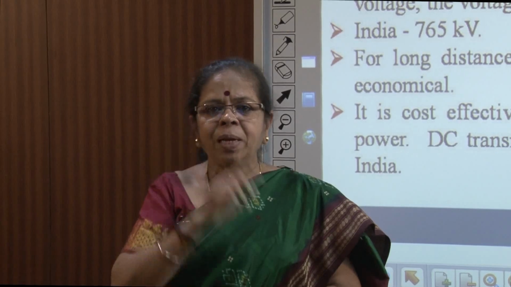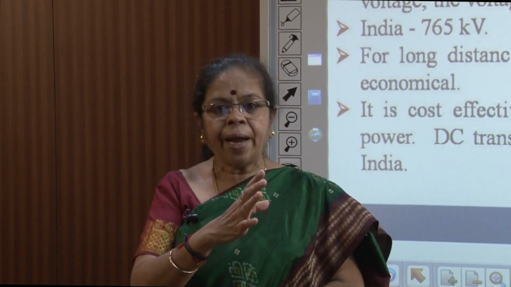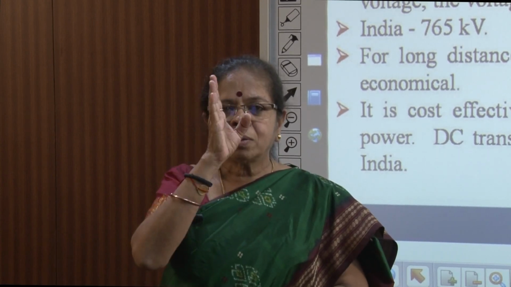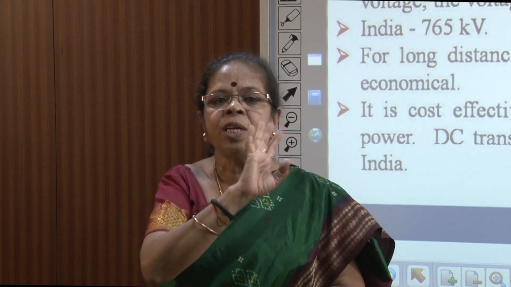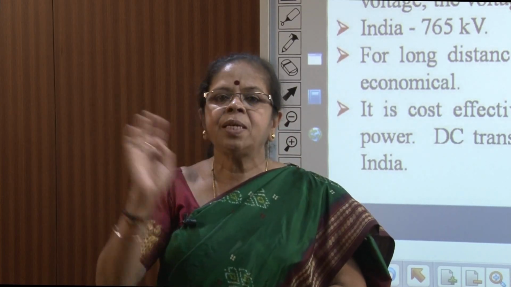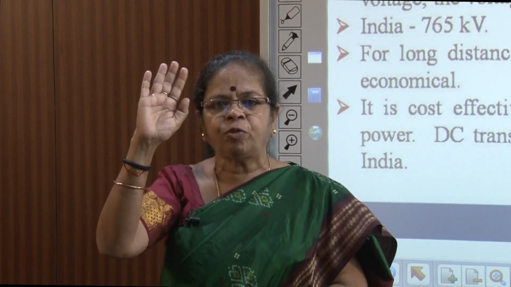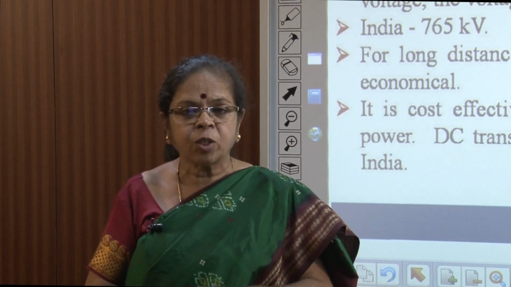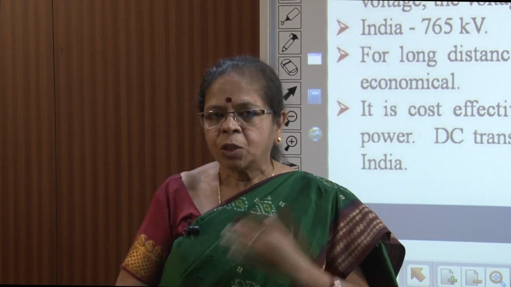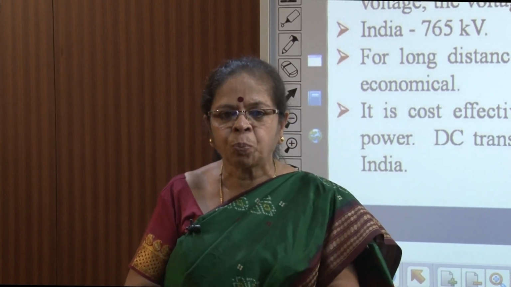Generators were also AC. So, if I transmit DC, at the generating end I have to convert the AC to DC, transmit DC, and again at the receiving end, I have to change it from DC to AC because the loads need AC. So, DC transmission started coming into the picture. In the next session, maybe we will see why DC transmission was preferred.